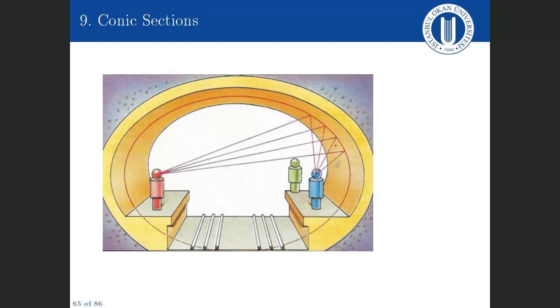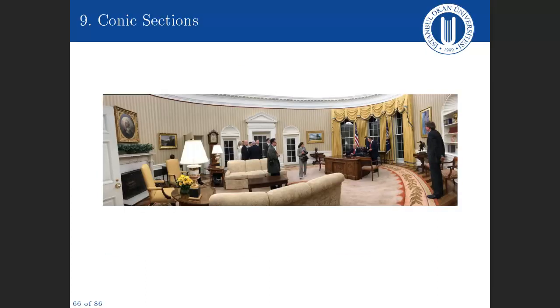That's also true if we were in a subway tunnel which was shaped like an ellipse. Now, when architects understand this, they build elliptic rooms with these properties. This is perhaps the most famous elliptic room in the world. And the architects of this room knew their conic sections.